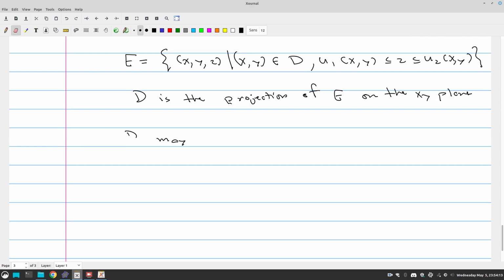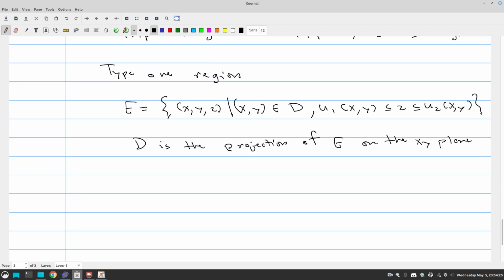Now where does D get involved? If we're dealing with a type 1 region in 3 dimensions, right?